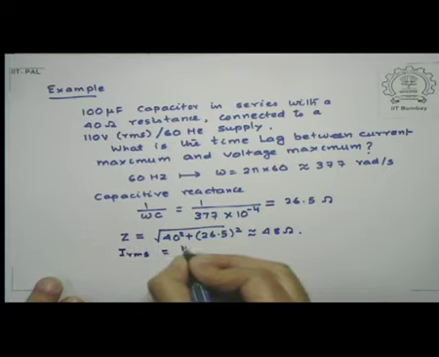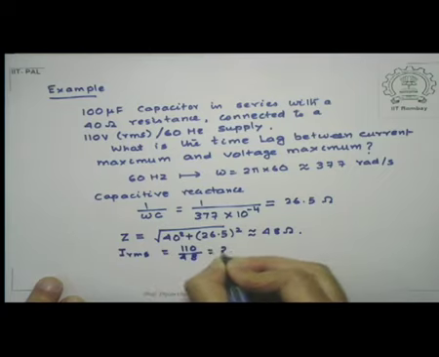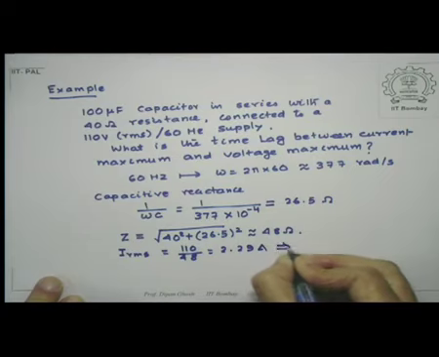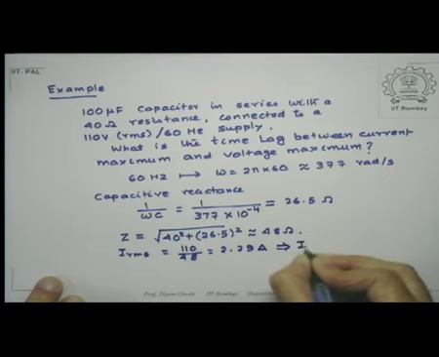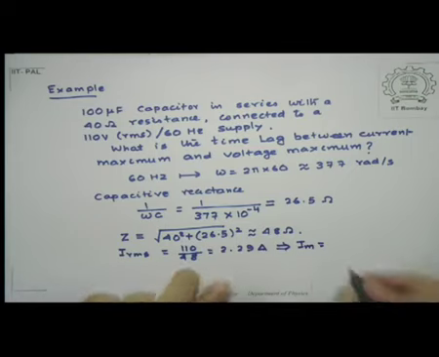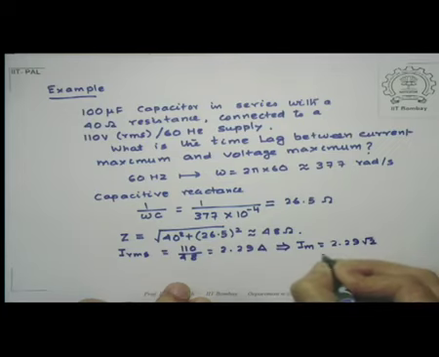The RMS current is simply 110 divided by 48, which is equal to 2.29 amperes, and this corresponds to a maximum or peak current, which is obtained by multiplying this 2.29 with square root of 2, and that's equal to 3.24 amperes.